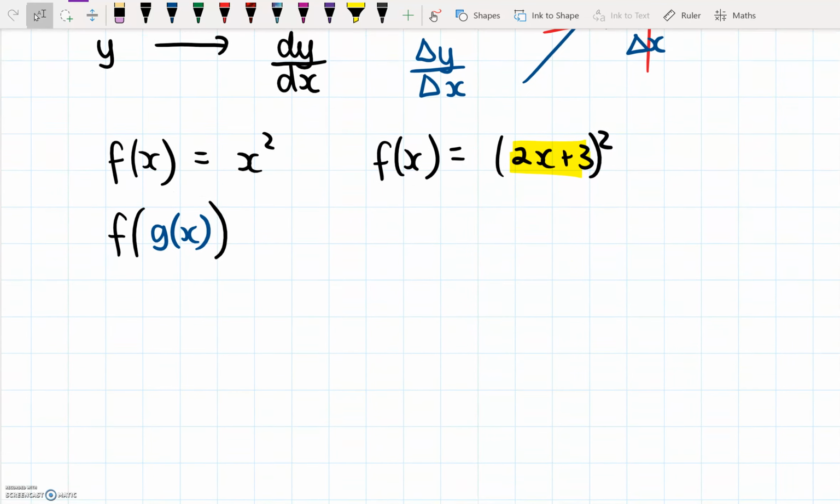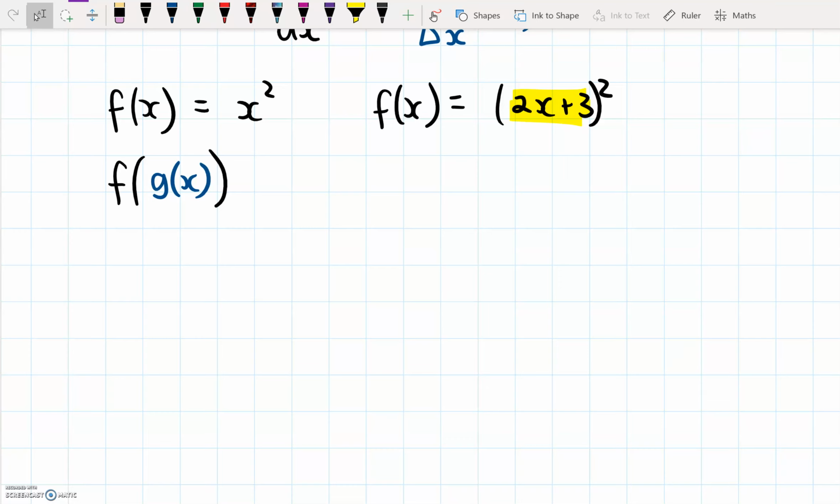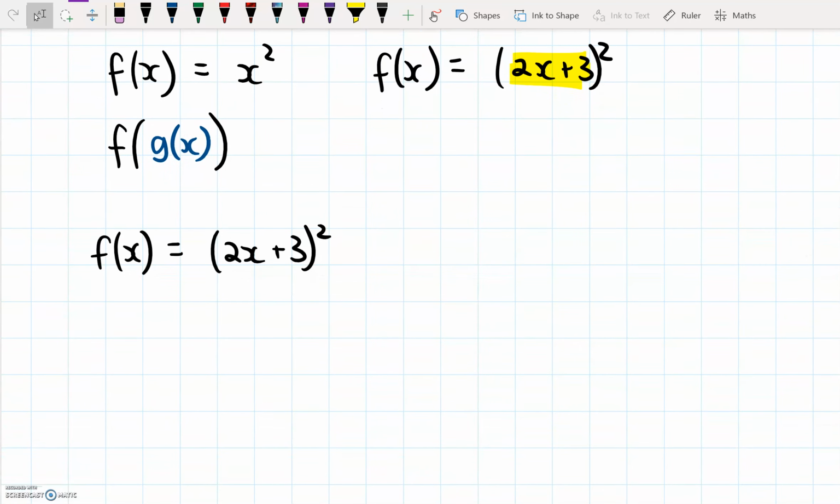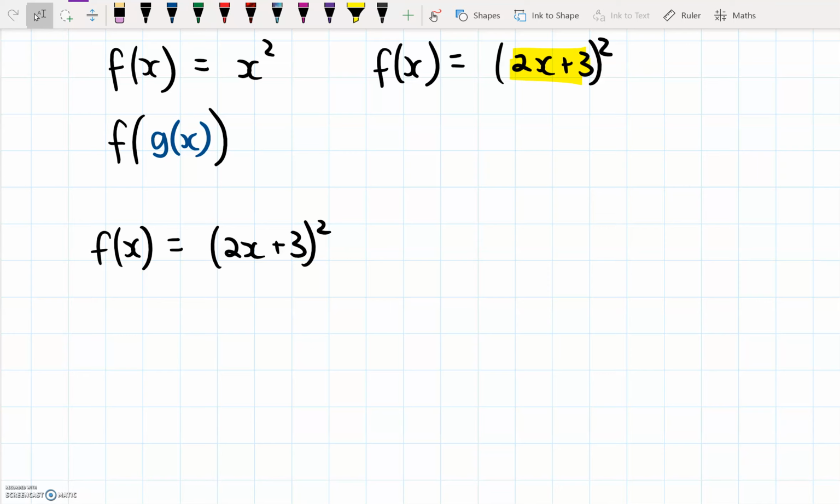So let's look at the one we just wrote down. We have f(x) is equal to (2x + 3) squared. And as I said, we're going to look at the chain rule. Now, this f(x) is the function in terms of x. What we're going to do is start by saying let u equal 2x + 3.